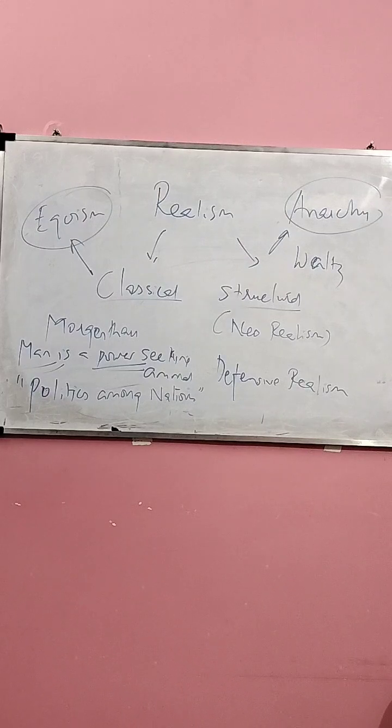Hans Morgenthau was a German-Austrian political scientist. Kenneth Waltz was an American political scientist. Within structural realism or neo-realism, there are two schools of thought. One is offensive realism and the other is defensive realism. Offensive and defensive.